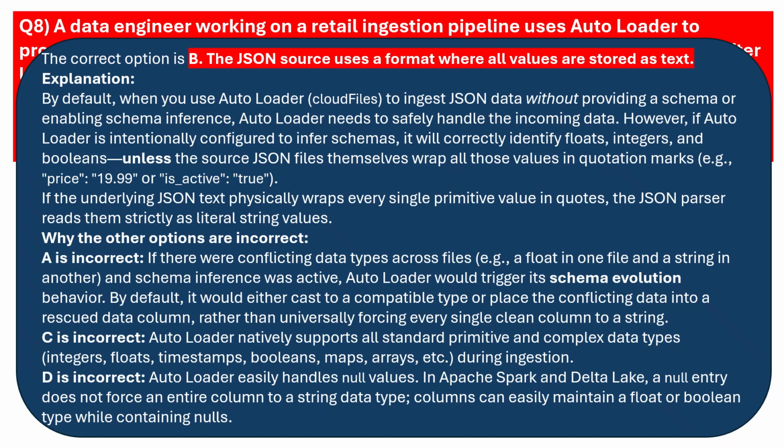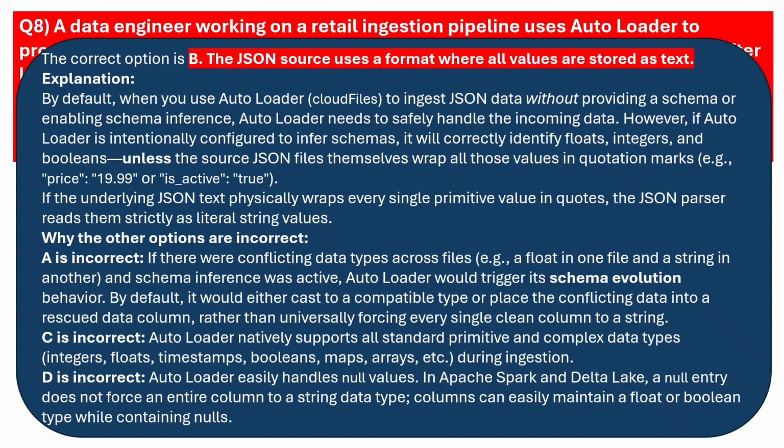However, if Auto Loader is intentionally configured to infer schemas, it will correctly identify floats, integers, and booleans, unless the source JSON files themselves wrap all those values in quotation marks, e.g. price, 19.99, or is_active, true. If the underlying JSON text physically wraps every single primitive value in quotes, the JSON parser reads them strictly as literal string values. Why the other options are incorrect? A is incorrect.